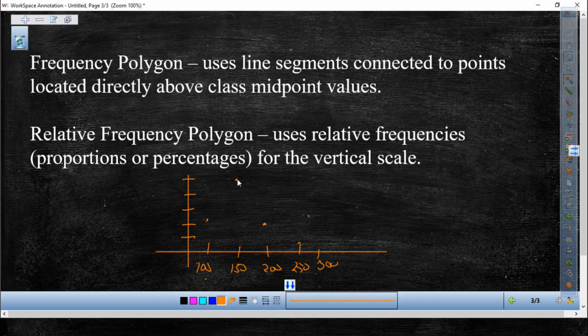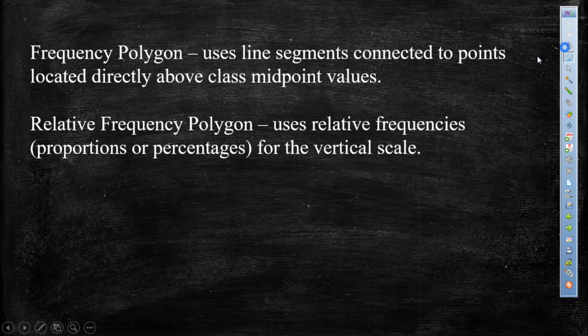So 11, 24, 10, 3, and 2, and then you just connect them. So here's your frequency polygram. And there you go. Easy peasy.